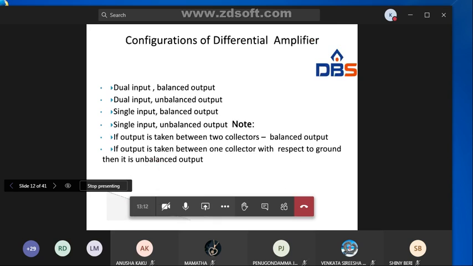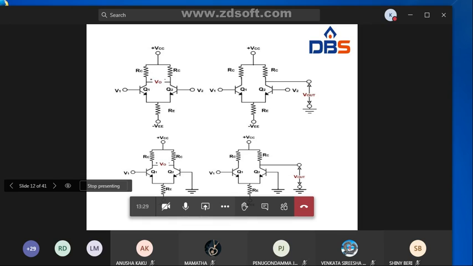See here, we have four types of differential configurations: dual input balanced output, dual input unbalanced output, single input balanced output, and single input unbalanced output differential amplifiers, right? If the output is taken between two collectors, that is called a balanced output differential amplifier.